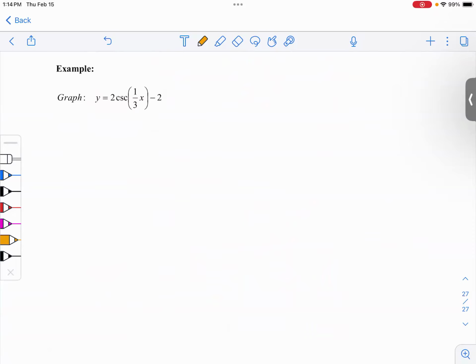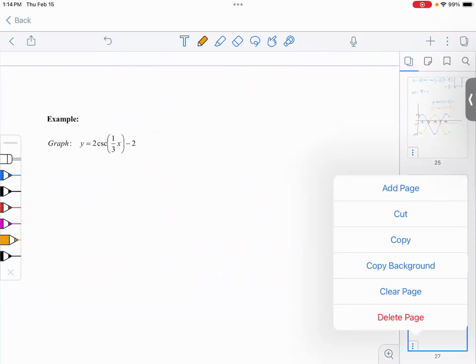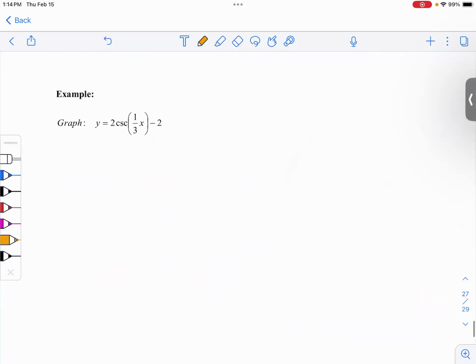All right, one more. One more, yeah, last one. And a couple things going on here. So first of all, I have cosecant. When you have cosecant, that means what do we need to do?